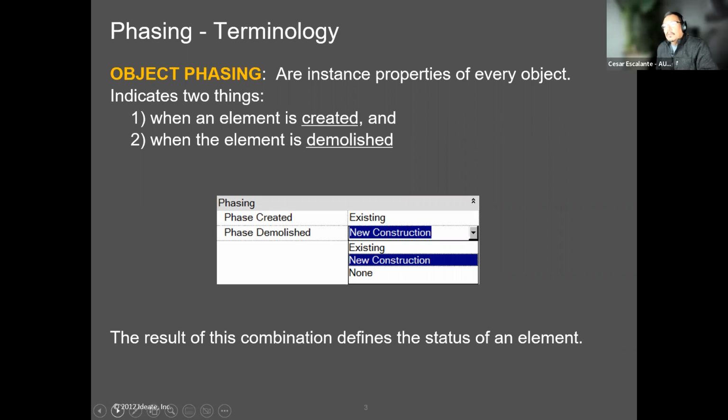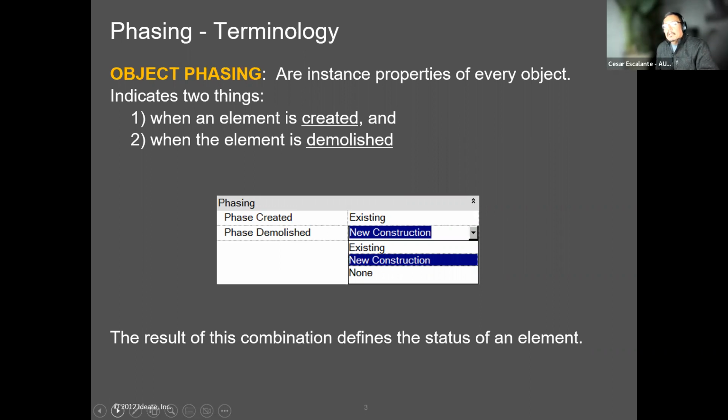Most of the existing site elements to preserve we're creating in an existing phase. If these elements are existing to remain, they don't get demolished, so in the phase demolished list, you set that to none.